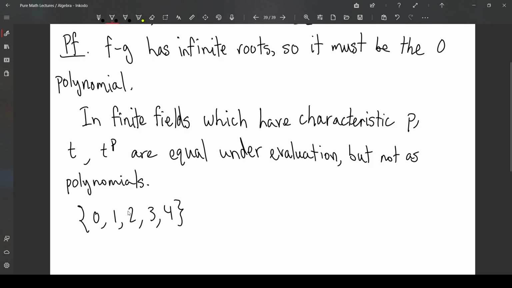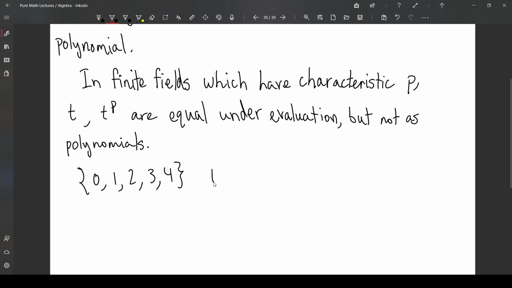So I get 2, and then 3 to the fifth is 243, which is 3 mod 5, and then 4 to the fifth is 1024, which is 4 mod 5. And then obviously 0 and 1 satisfy this. So t to the fifth equals t everywhere on the field, but they're different as polynomials.